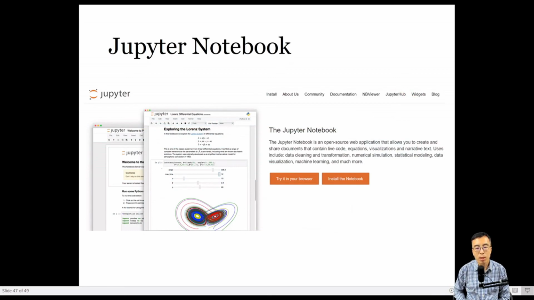Jupyter Notebook is an open source application that allows anyone to create and share documents that contain code that can be executed right away, as well as an arbitrary number of equations, visualizations, and narratives.